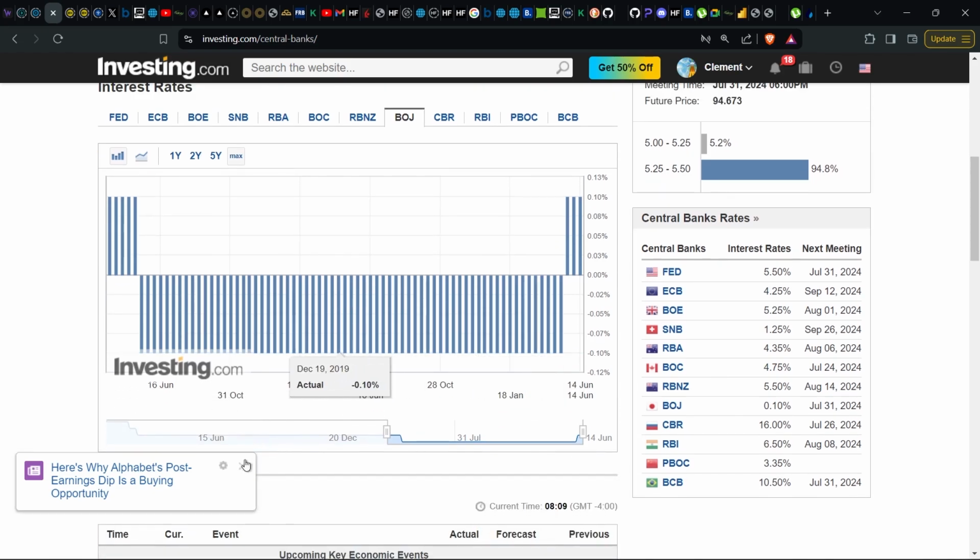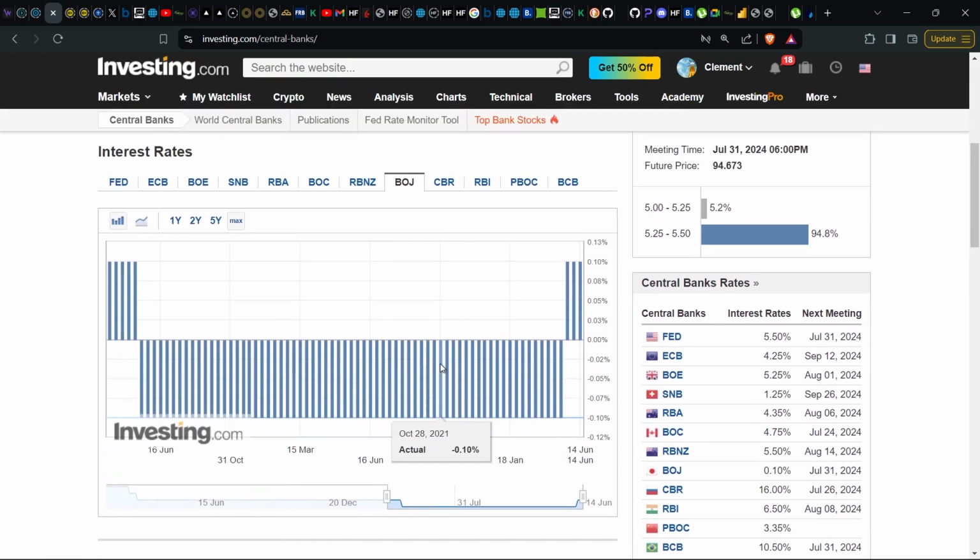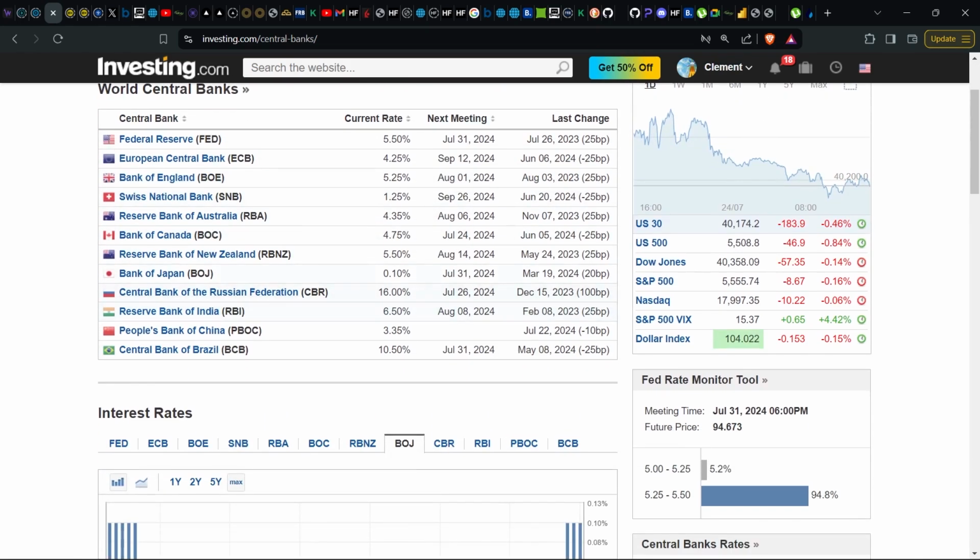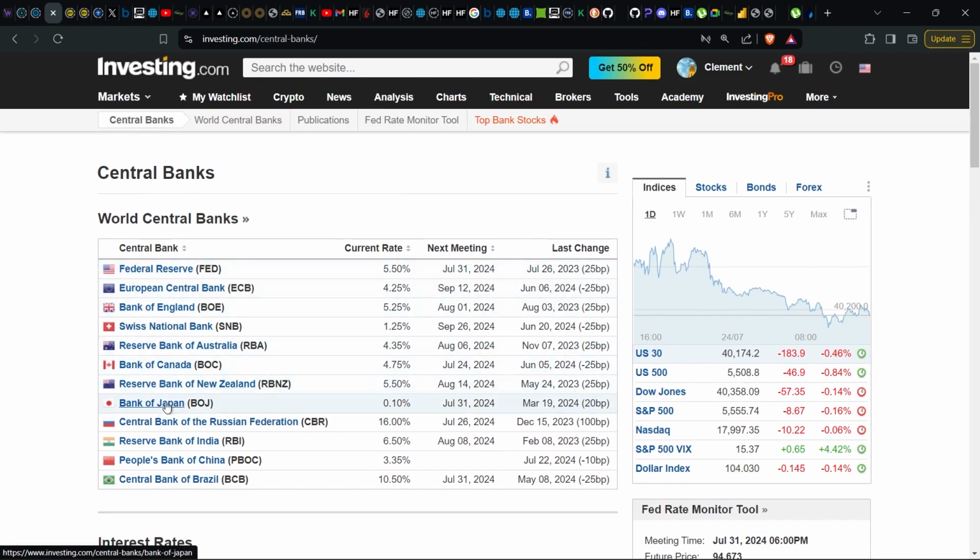So what am I going to tell you? When you see an outlier like Bank of Japan, you can see all these top economies because these are the economies of the major currency pairs: EUR/USD, GBP/USD, USD/CHF, that's Switzerland, the Swiss franc, Australian dollar versus USD, USD/CAD, NZD/USD, USD/JPY, all these major currencies.